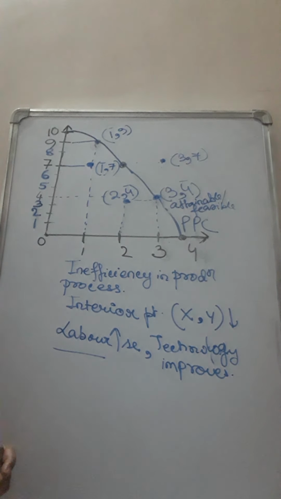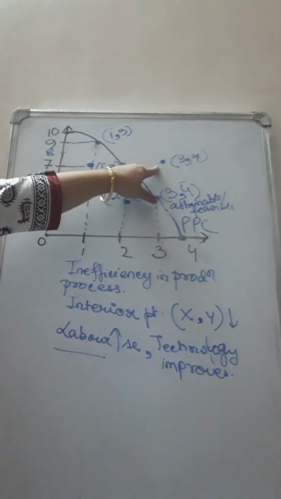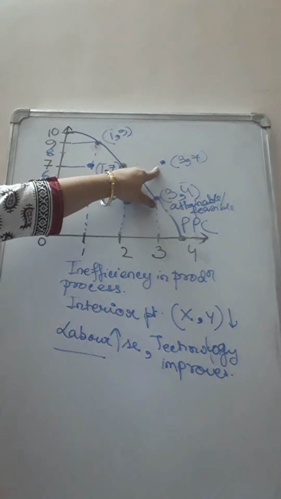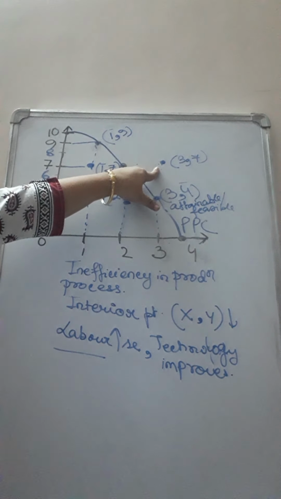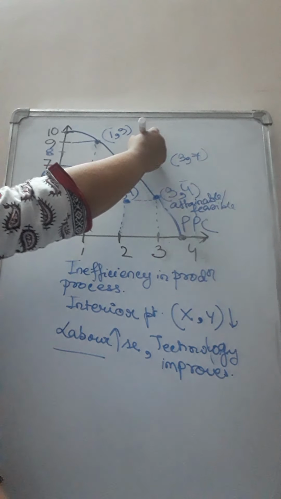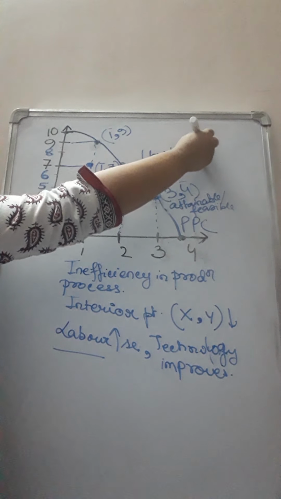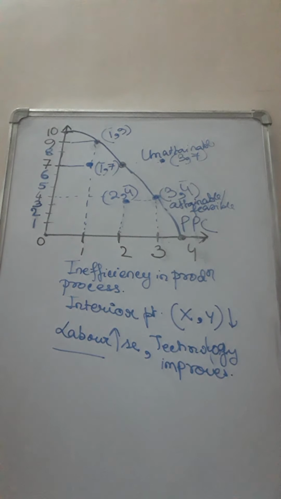So these higher units of X cannot be achieved until and unless labor and technology improve. If these are constant, it means this point cannot be reached, the extra units of X cannot be produced, because labor is fixed and technology is constant, and none of them are improving. So this point becomes an unattainable point, or it is not feasible. Unattainable point means it is not feasible for production.